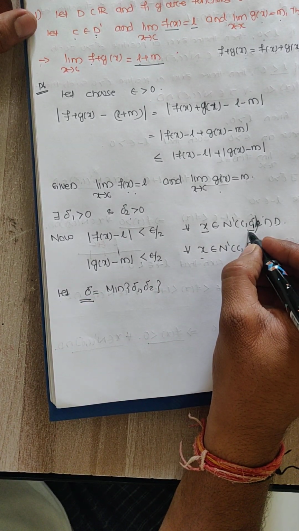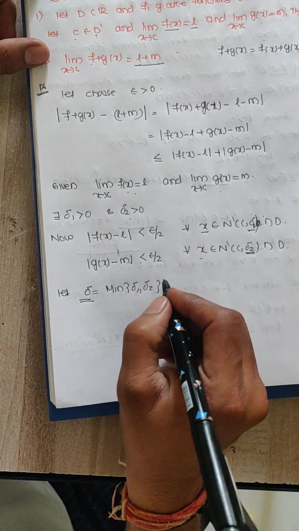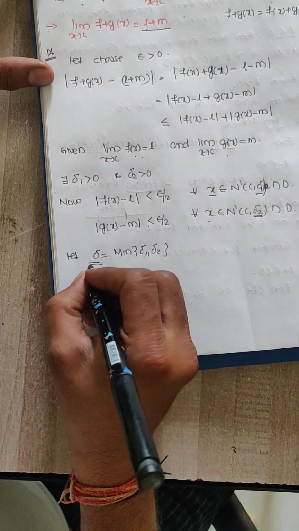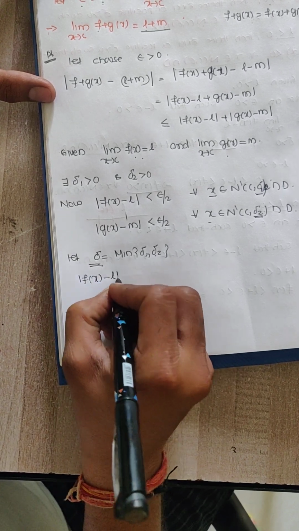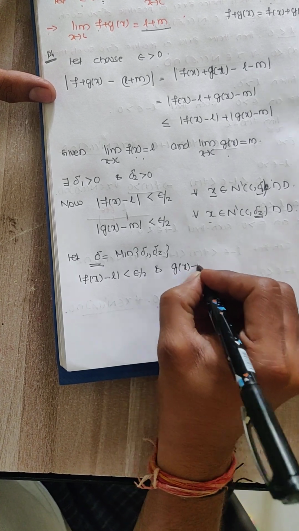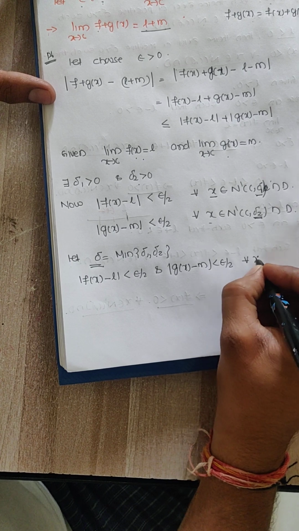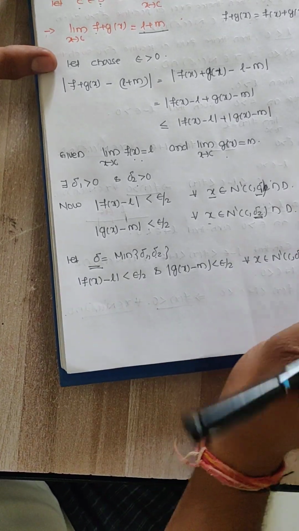This is true for the delta 1 neighborhood, and this is true for the delta 2 neighborhood. Means two statements are true together for delta the minimum of delta 1 and delta 2. For delta equal to this, what happened? We have that mod of f(x) minus L is less than epsilon by 2 and mod of g(x) minus M is also less than epsilon by 2 for all x belonging to the delta neighborhood of C intersection with D.